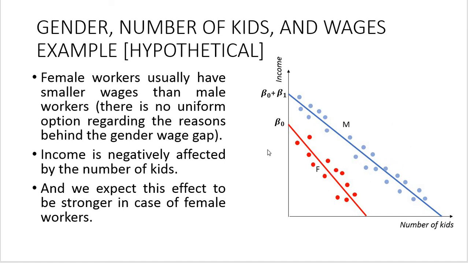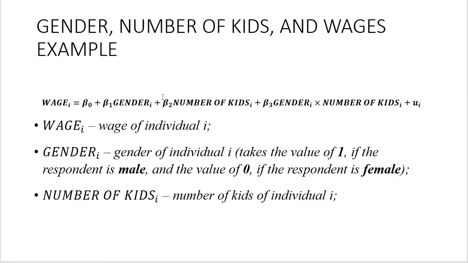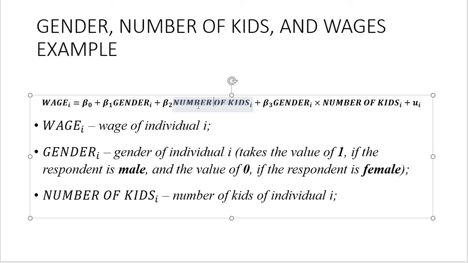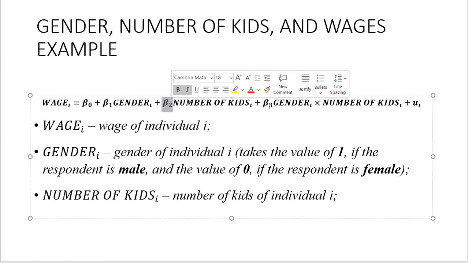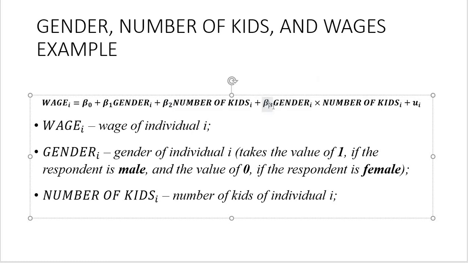In our case, we have beta 2 in front of number of kids. So if we analyze male workers, then we will have to add beta 2 and beta 3 in order to obtain the effect of number of kids on male workers. Again, beta 3 is negative.